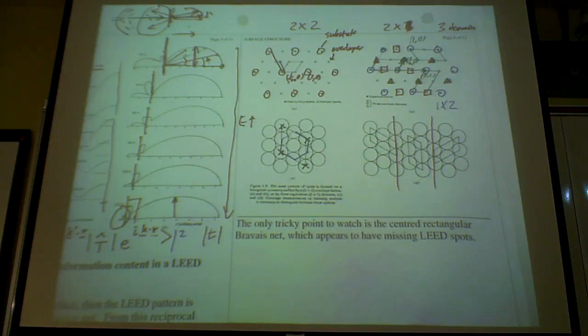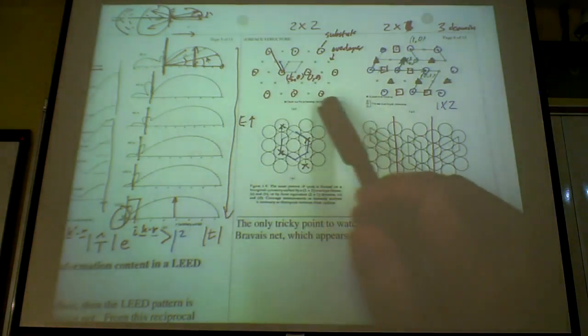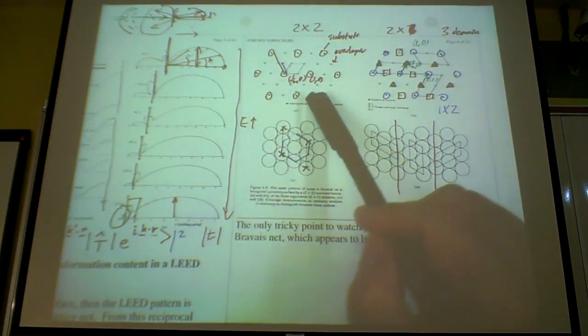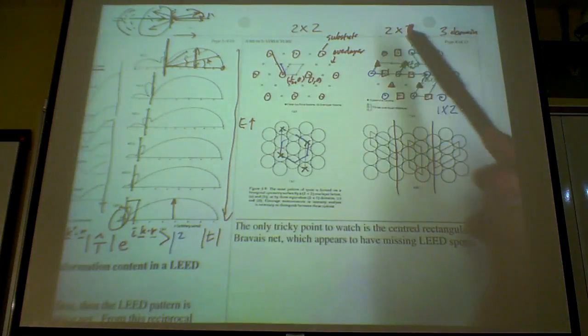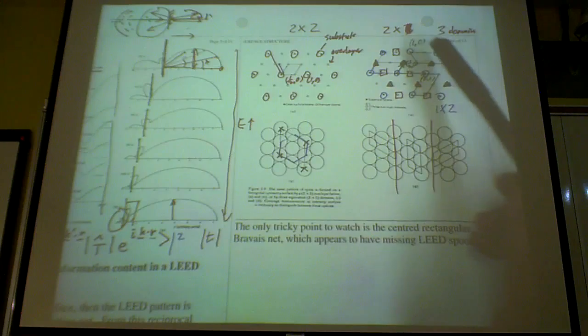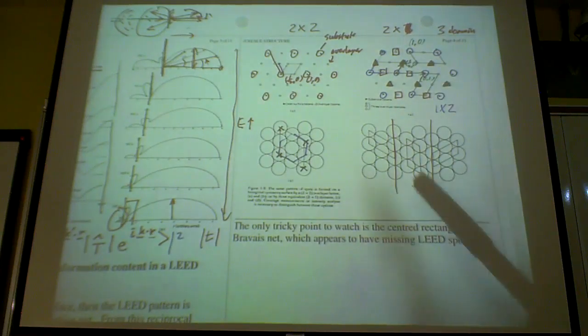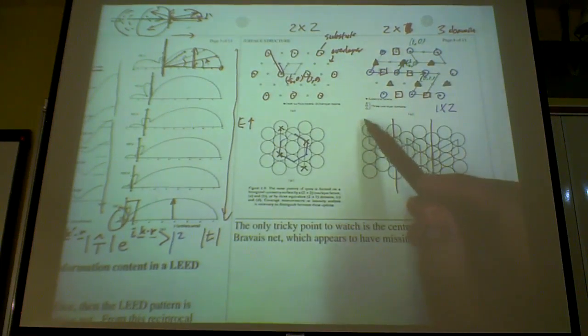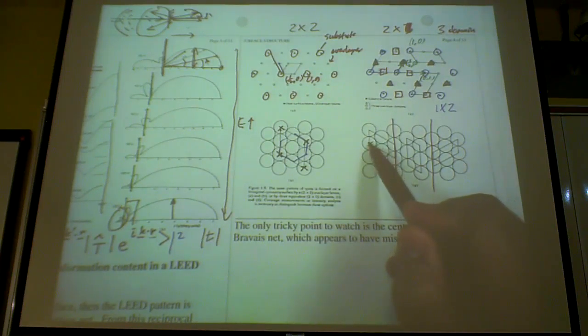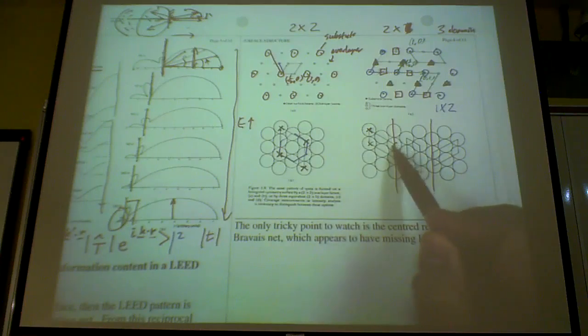Now, it is not possible to separate this 2 by 2, what I observe on a LEED optics, from something that has free domains of a 2 by 1. In other words, I can have a domain. This is a real space here. One of them has the adsorbate arranged in this way.